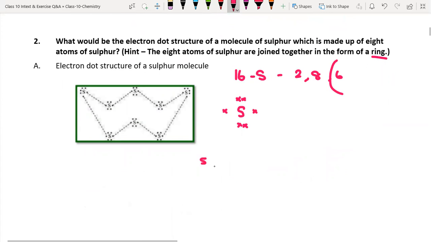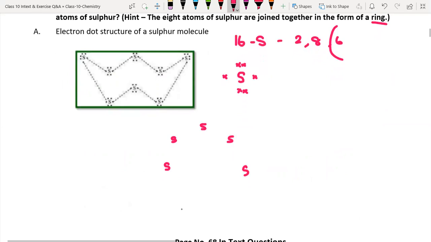You see guys, 1, 2, 3, 4, 5, 6, 7, 8, like that 8 sulfurs you can take. So here you have to represent 6 electrons, 1, 2, 3, 4, 5, 6 for this sulfur, 6 for this, 6 here, like that you can represent 6 electrons for all these sulfurs.